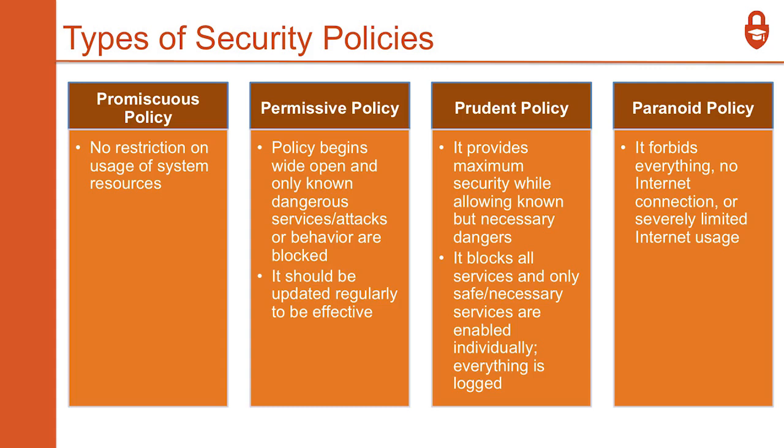Those are opposites of each other. And then there's the promiscuous and the paranoid. The paranoid forbids everything. No internet connection or severely limited internet usage. So the paranoid is kind of the opposite of the promiscuous. So there's 4 policies there: promiscuous, permissive, prudent, and paranoid. You need to know these and you need to understand the differences between them.